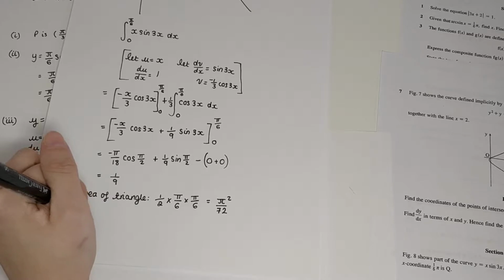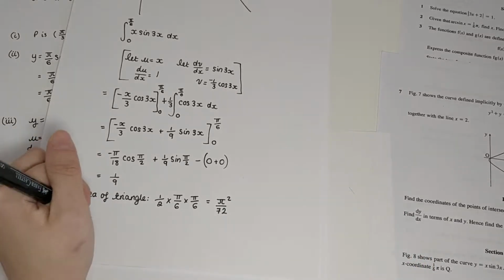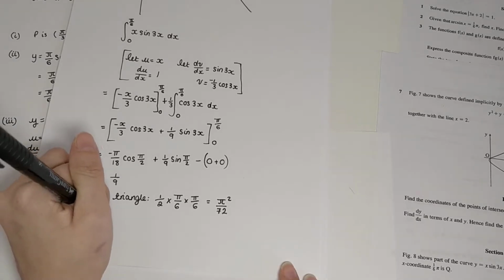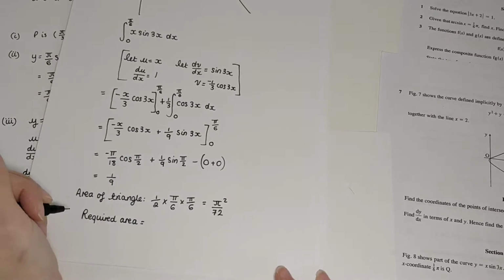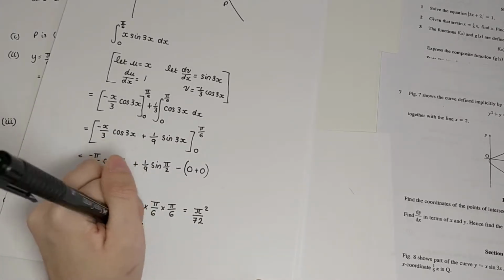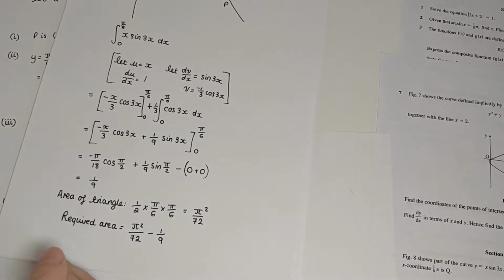So, what's the word I'm looking for? Required area equals pi squared over 72 minus a ninth.